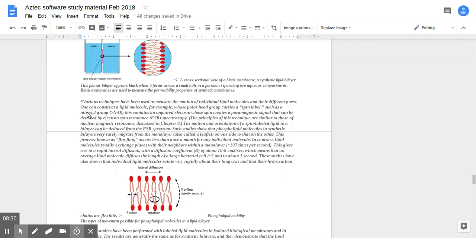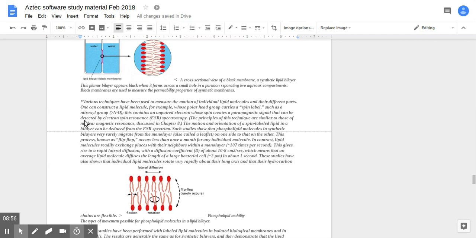Various techniques have been used to measure the motion of individual lipid molecules and their different parts. One can construct a lipid molecule, for example, whose polar head groups carry a spin label, such as a nitroxyl group, NO, nitrogen and oxygen.